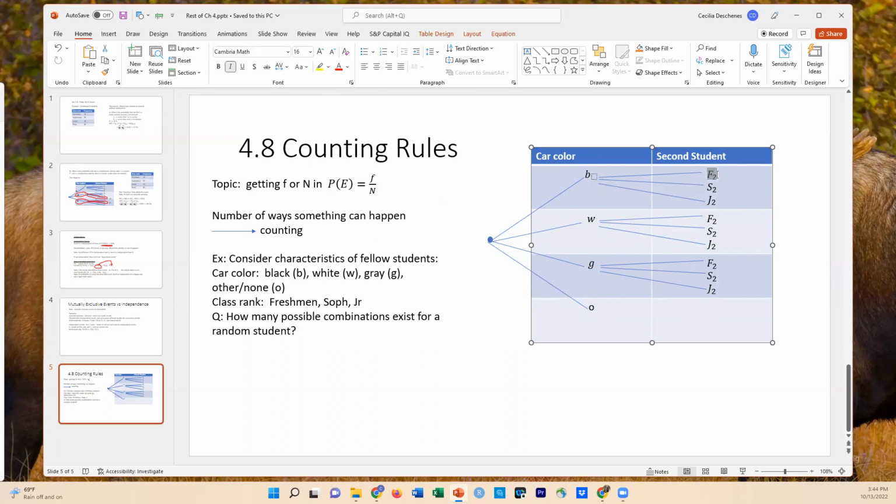And then instead of freshman, sophomore, junior, we don't need the little twos afterwards. So this one, we're just going to call it class rank.